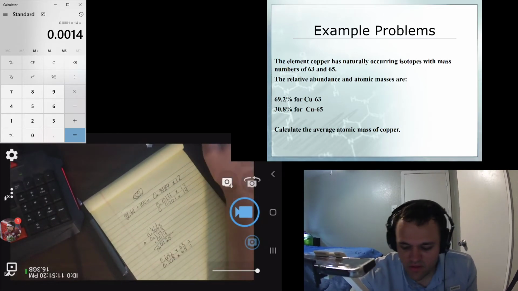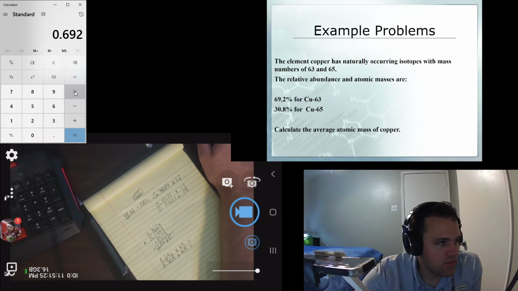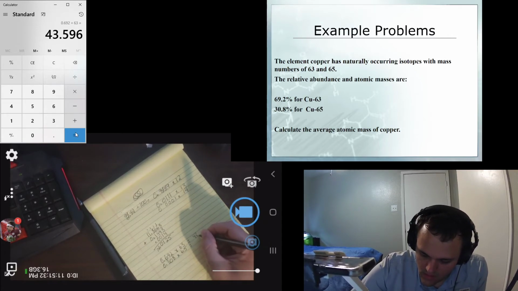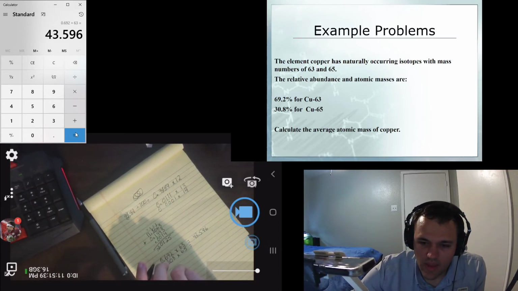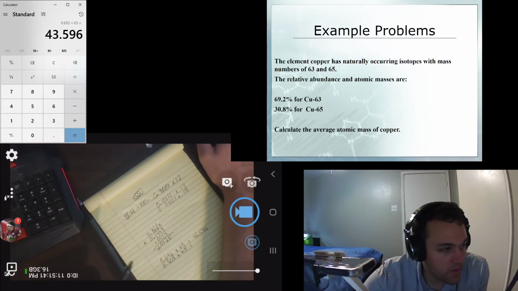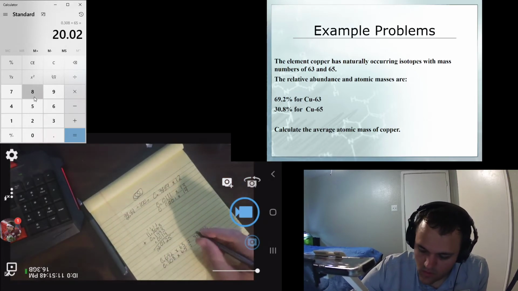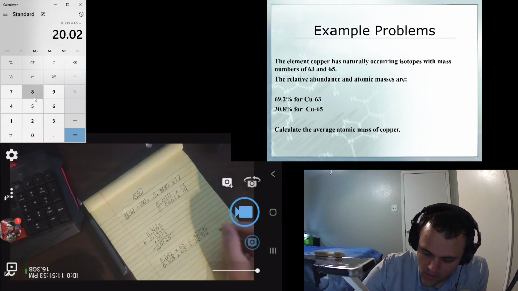We'll plug those into the calculator and see what they come out as. 0.692 times 63 is 43.596. And then 0.308 times 65 is equal to 20.02.